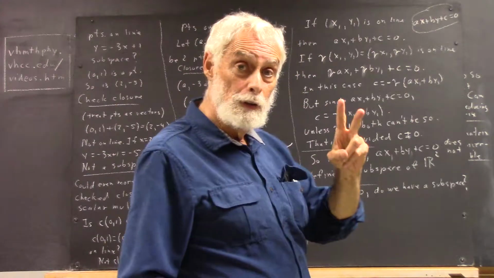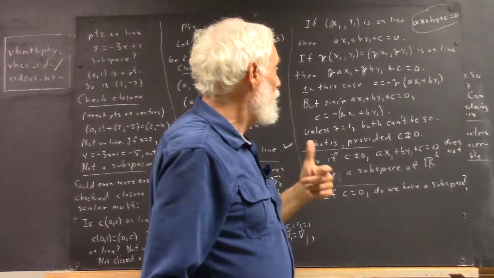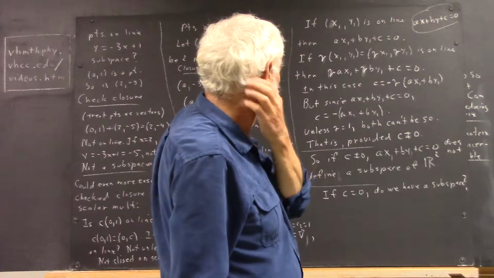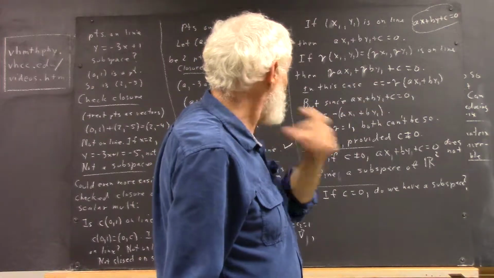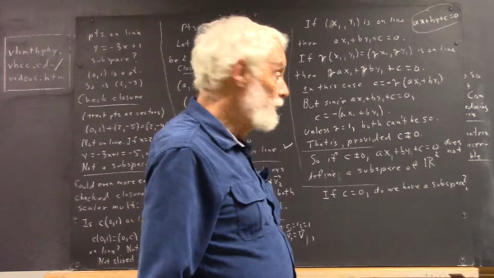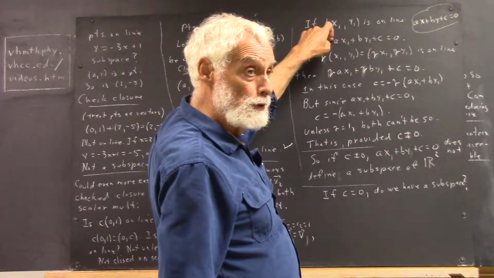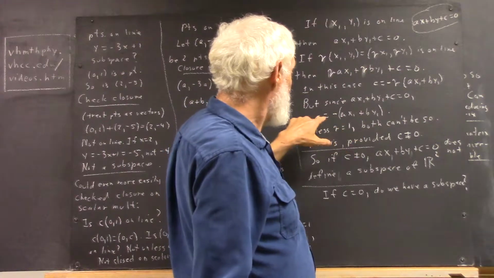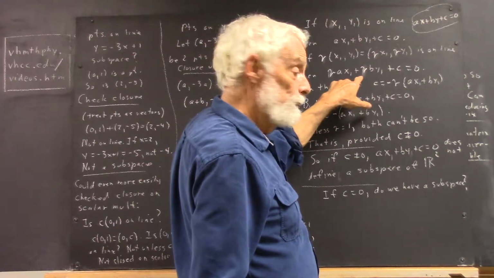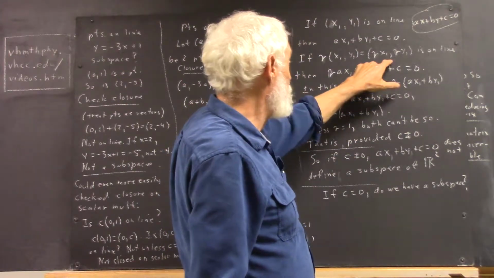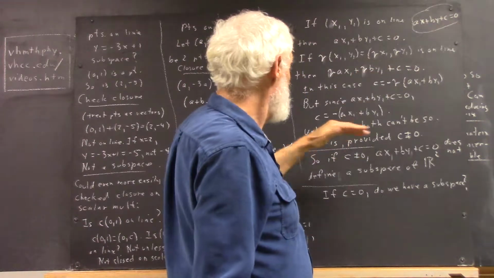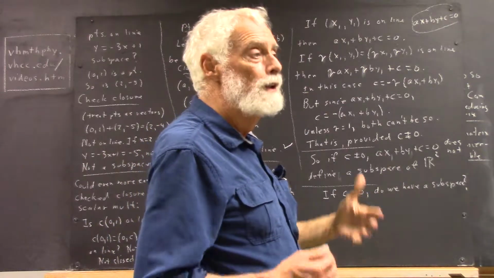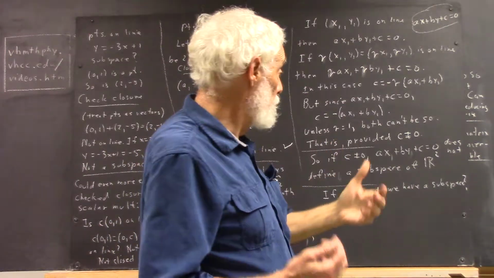C can't have two different values, but unless gamma equals 1, this is different than this, which means both of these can't be true. Since we've assumed (x1, y1) is on the line, this can't be true, so this point is not on the line, so we don't have closure under scalar multiplication.